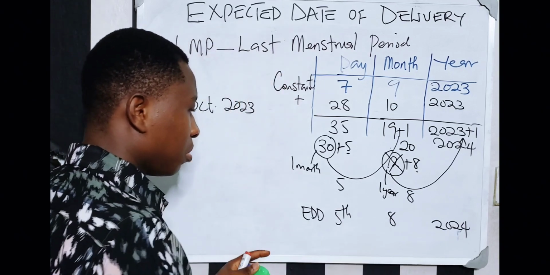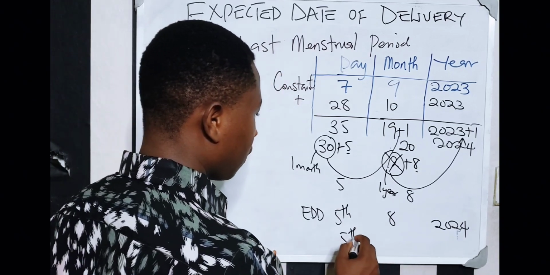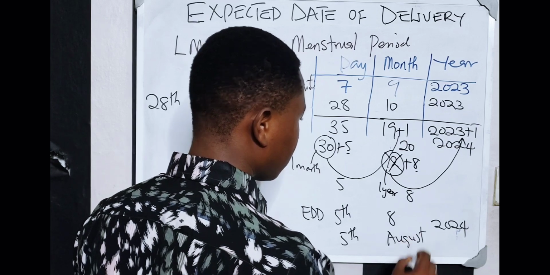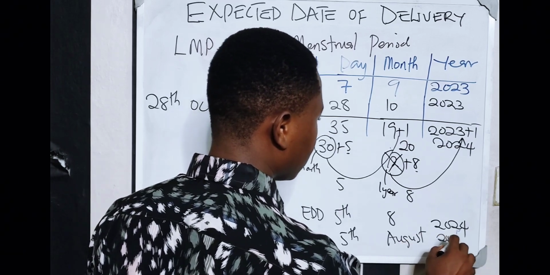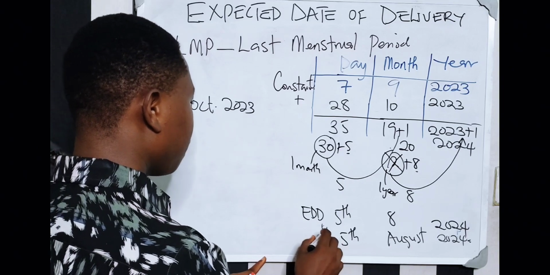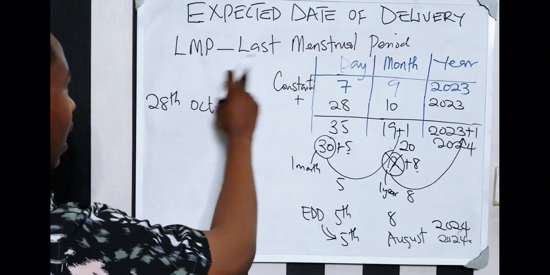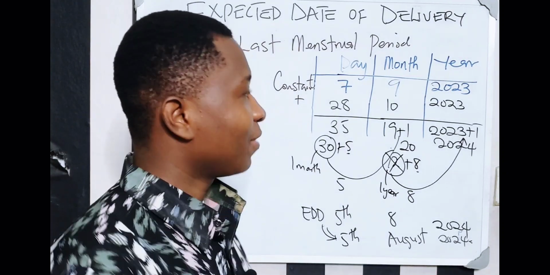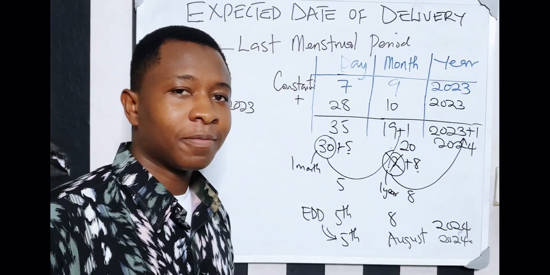Now, what is the 8th month? 5th of August. August is the 8th month. August 2024 is your EDD, if your LMP is 28th of October 2023. This cannot be any easier.